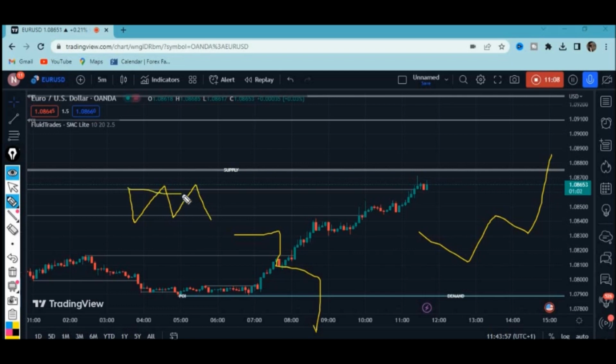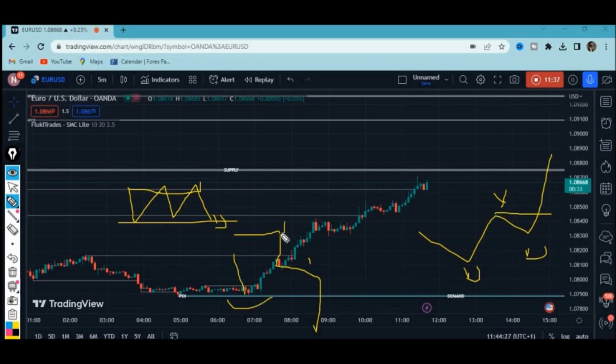Remember, the same way we trade supply and demand zone on ranging market is not the same way we trade supply and demand zone on a trending market. Why? On a ranging market, we sell respectively on supply zone and we buy respectively on demand zone. Why? Because we have equal highs and we have equal lows. And as well, when the market is rising, demand zones tends to be respected, okay? And supply zones tends to be broken above.